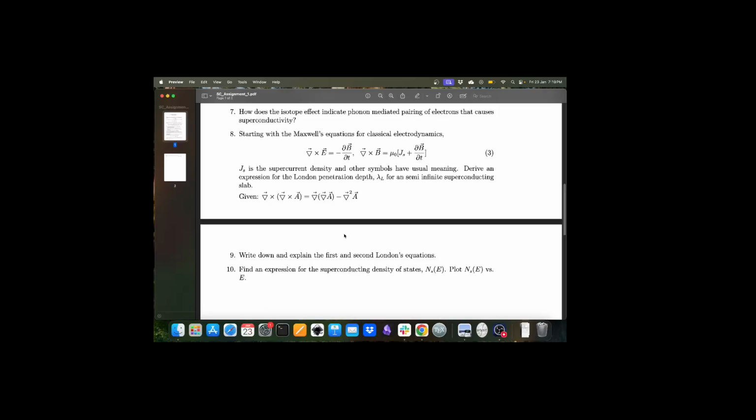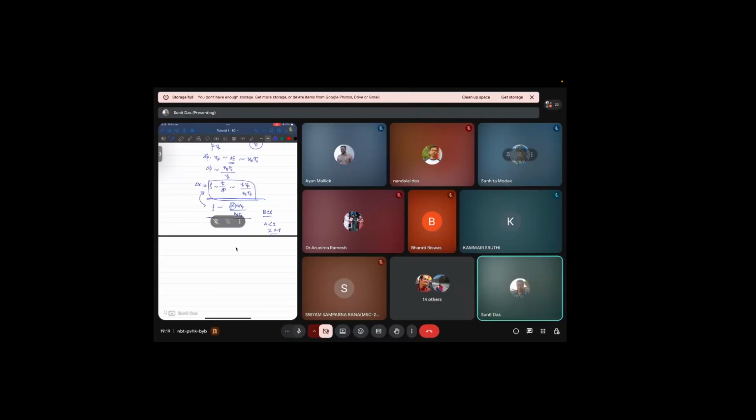Okay, so this question is about the isotope effect. So question 7, I think.